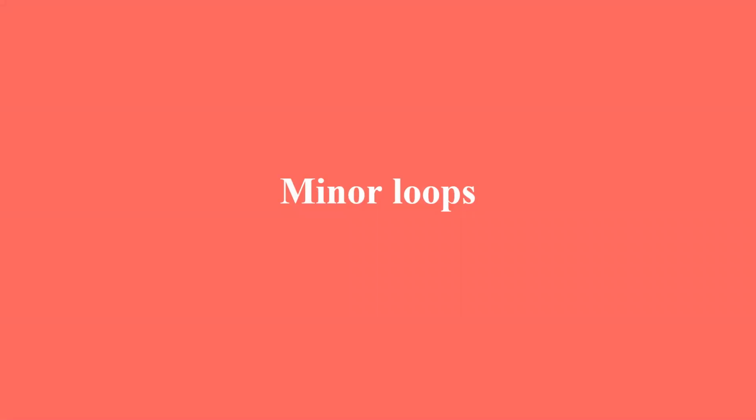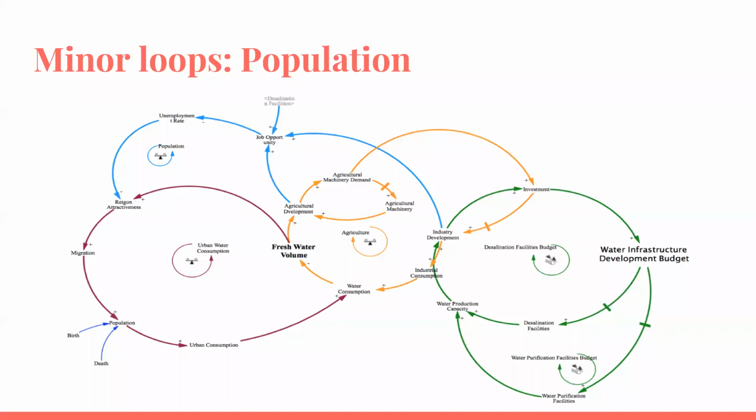The minor loops, as I said, are the loops which relate the major loops together. So we have the population loop. In this loop, by means of job opportunities, we link the budget loop and the urban consumption loop.